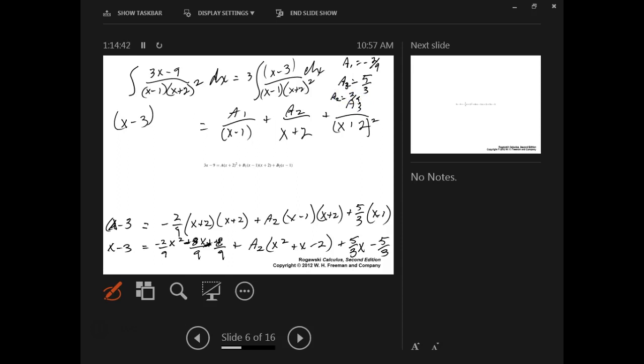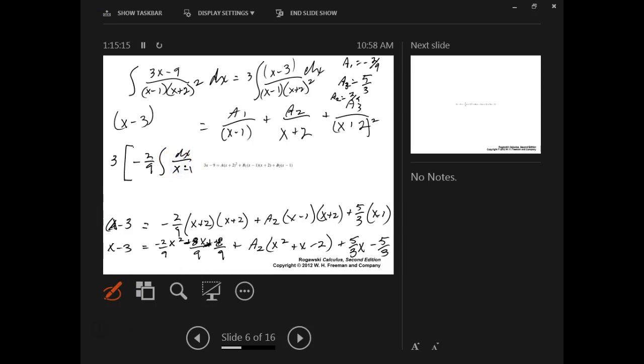So now our integral up here is 3 times minus 2/9, the integral of dx over x minus 1. It's not an a, it's an x.